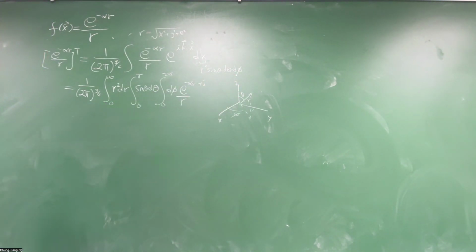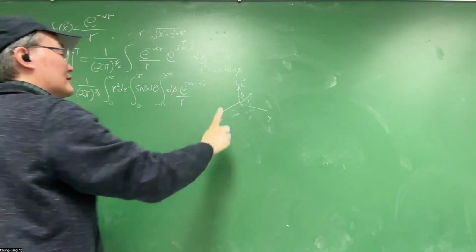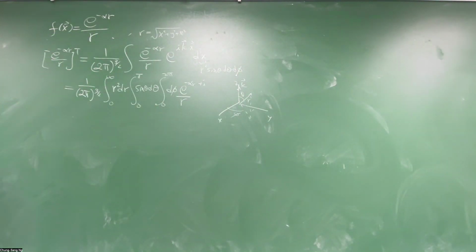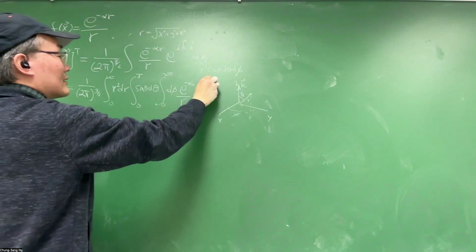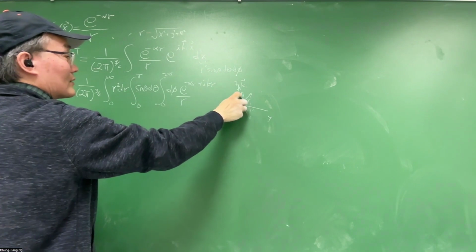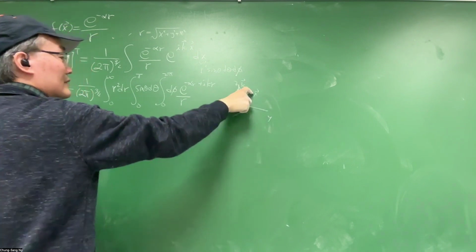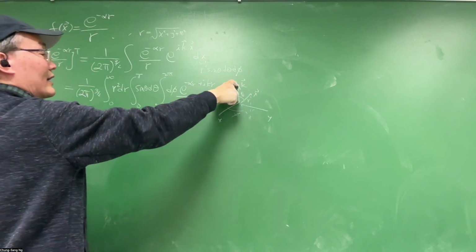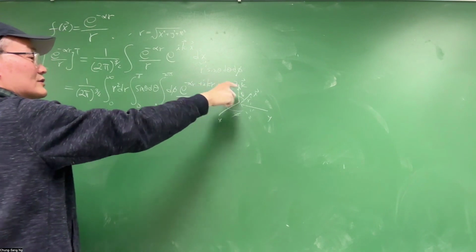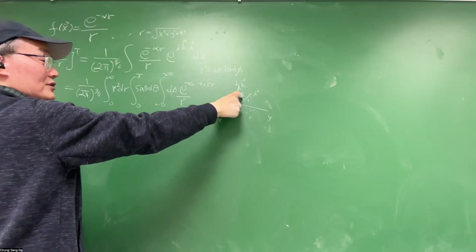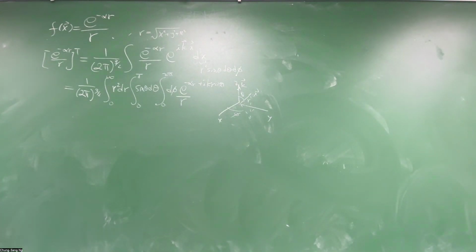Basically, you can rotate your coordinate system such that k is along the z direction. So this k dot x becomes k r cosine theta, because x dot k gives you k magnitude times r magnitude, times the cosine of the angle between them, cosine theta.